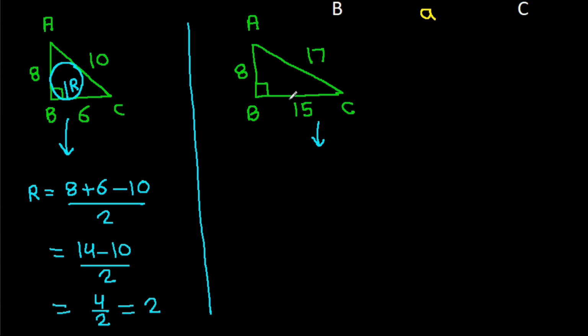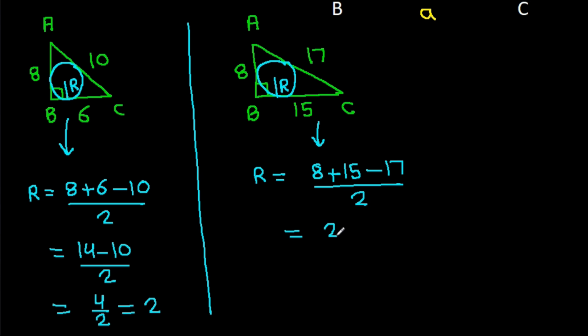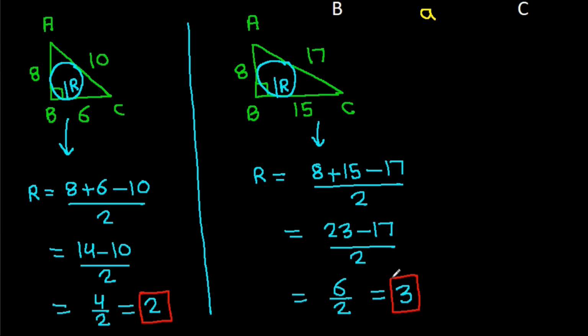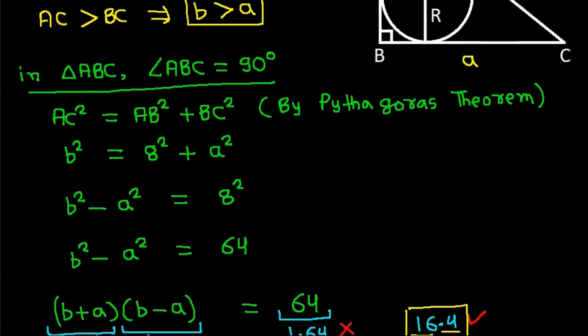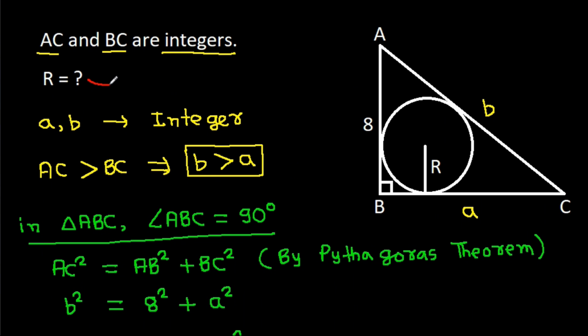And in this triangle, the radius of the incircle R will be 8 plus 15 minus 17 over 2, and it is 23 minus 17 over 2, and it is 6 over 2, that will be 3. So we get the radius is 2 and 3. The radius can be 2 and 3.